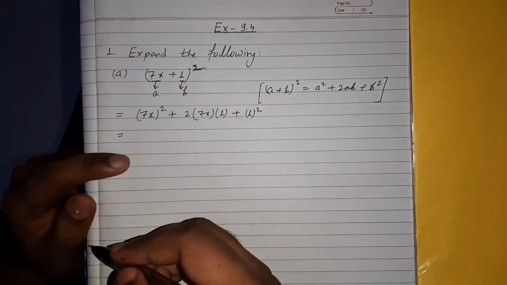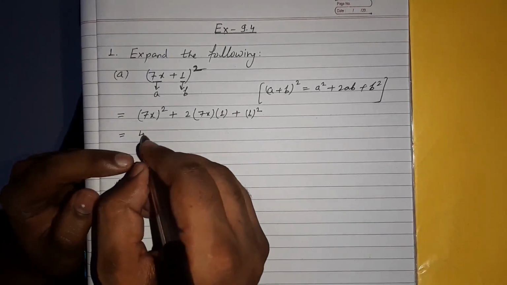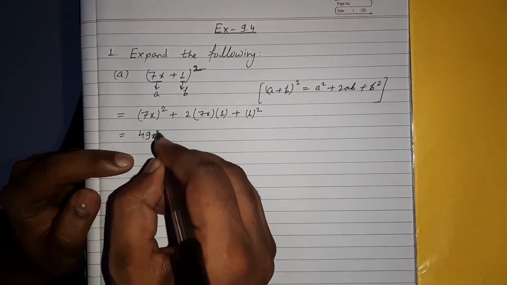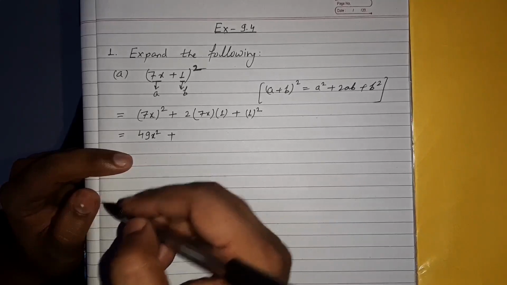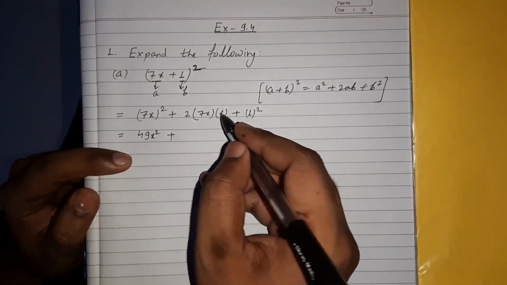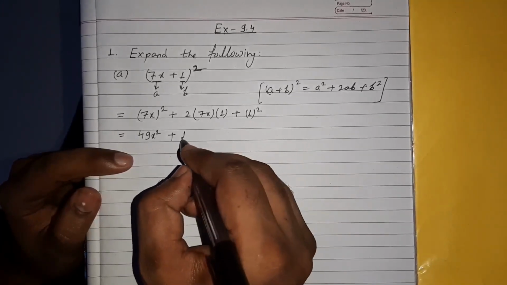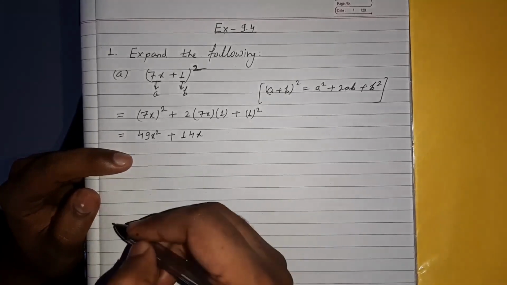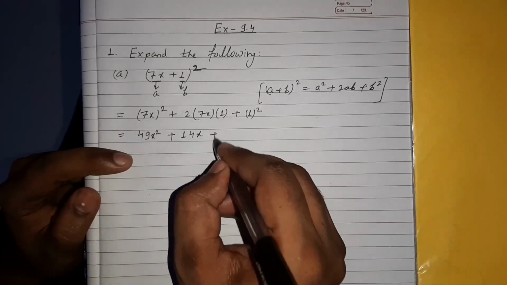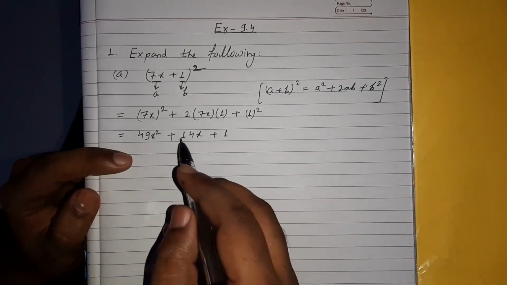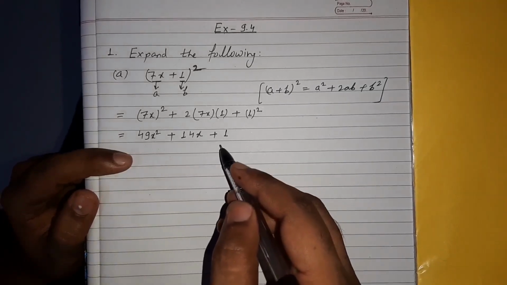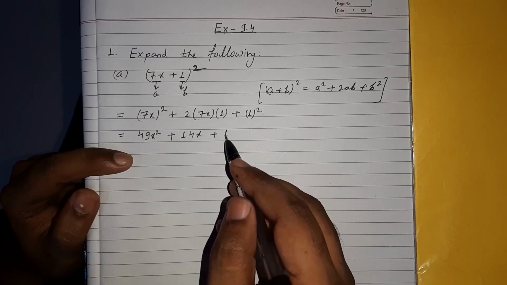Now we will simplify. 7 square is 49, and x square. Plus 2 7s are 14, and 14 multiplied by 1 is 14, multiplied by x, so it will be 14x. And 1 square is 1. So 49x square plus 14x plus 1 is the expansion form.